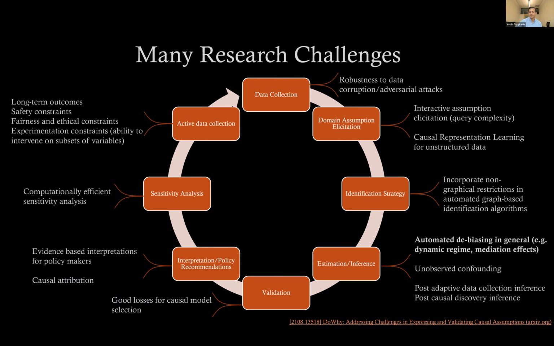A lot of the emphasis has been on the estimation and inference in the last few years of the causal machine learning field, and a lot of my work lies in that, but we need to put a lot of work also on the other components. In this talk, I'll talk about one line of work within the estimation and inference pipeline that goes into this automation: the ultimate goal of how you go from an identified estimate to a debiased estimate so that you can perform inference automatically.